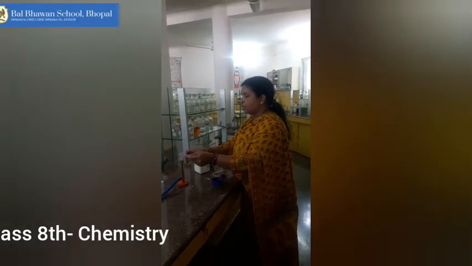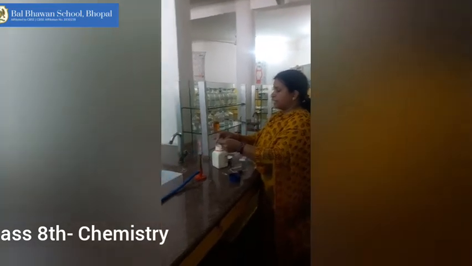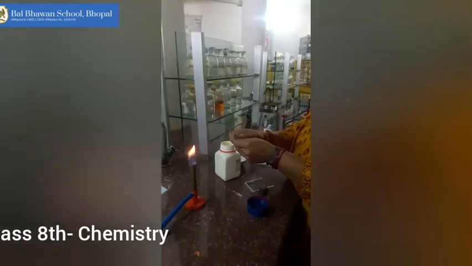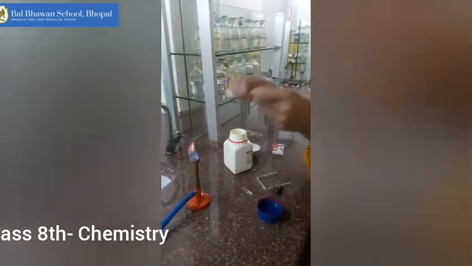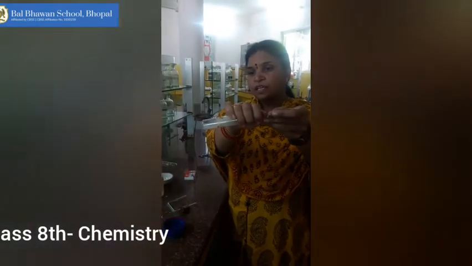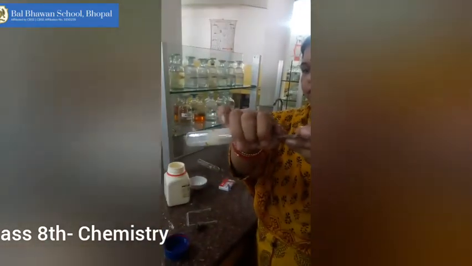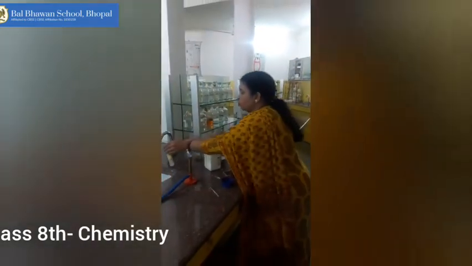Now I am trying to collect this gas inside the test tube, and you can see the fumes of this sulfur dioxide gas. Now I will add few drops of water into it and close it so that the gas will dissolve or mix well with the water.